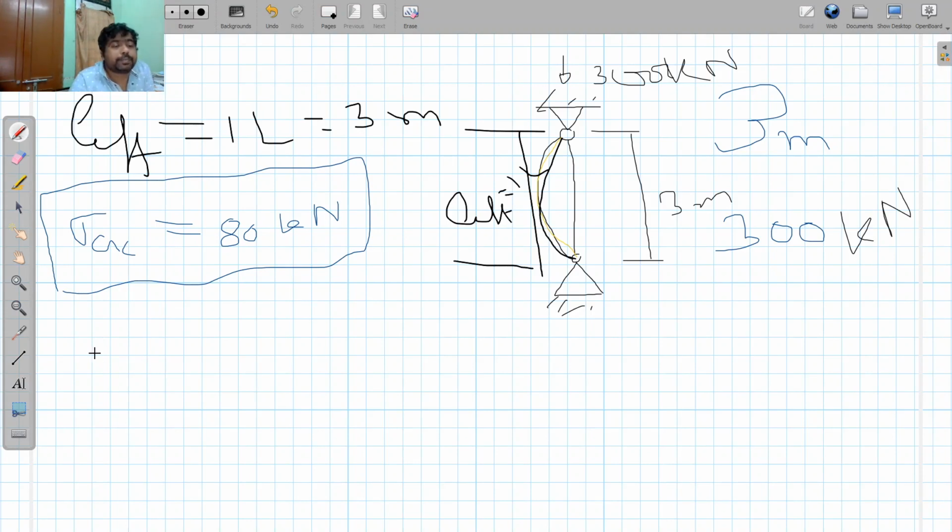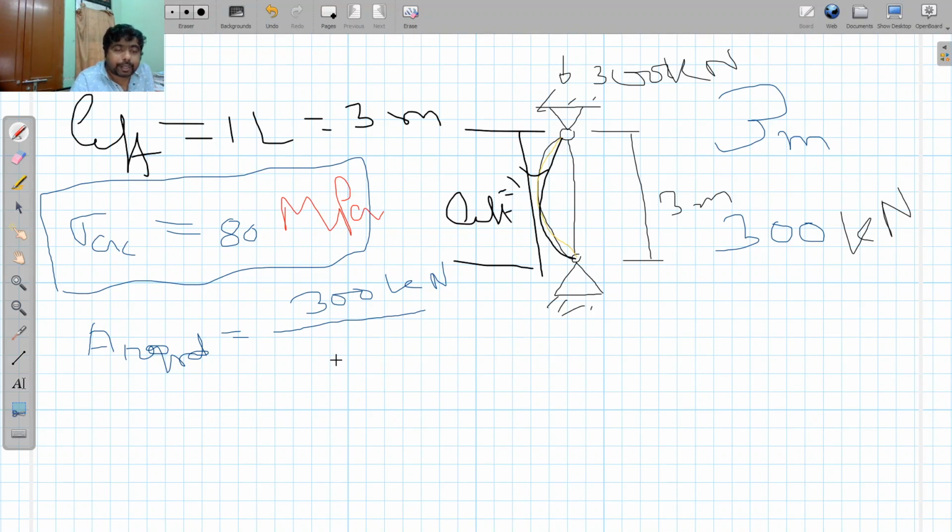So what is the first step? I said that you calculate the area required. So how to calculate A required? A required is equal to the given load divided by the assumed sigma SC. What is the given load? Given load is 300 kilonewton, that is 300 times 10 to the power 3 Newton, and the permissible stress is in Newton per millimeter square, divided by 80 MPa.